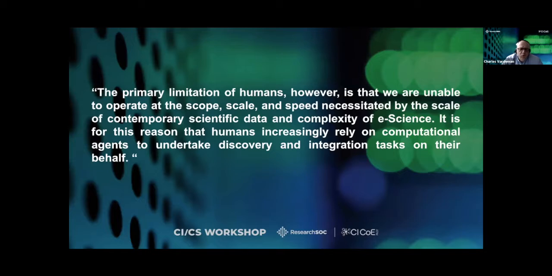Okay, so one last comment from the quote that I like from the Wilkinson paper, right? The primary limitation of humans, however, is that we're unable to operate at the scope, scale, and speed necessitated by the scale of contemporary scientific data and the complexity of e-science. It's for this reason that humans increasingly rely on computational agents to undertake discovery and integration tasks on their behalf, right?